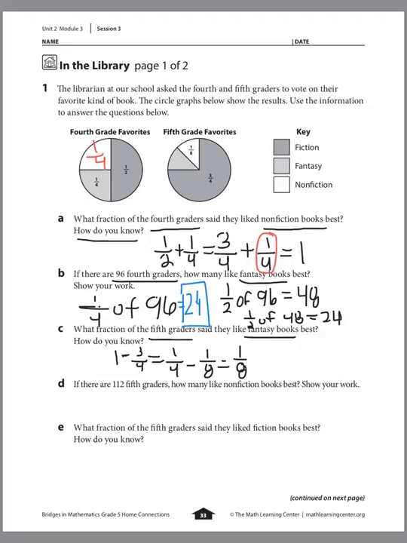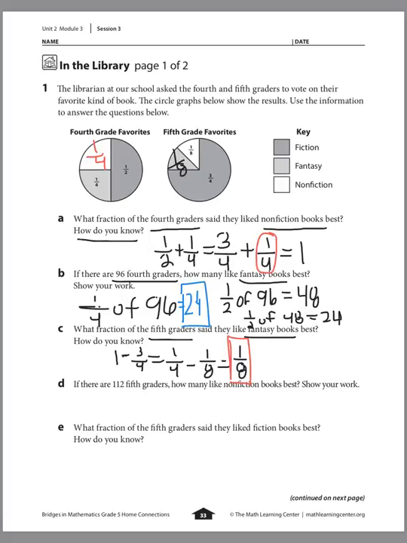How do I know? Because this 1/4, I can also think of as 2/8, and 2/8 minus 1/8 equals 1/8. And so that is this missing piece right here. This is 1/8. And so what fraction of fifth graders said they like fantasy books best? The answer is 1/8.